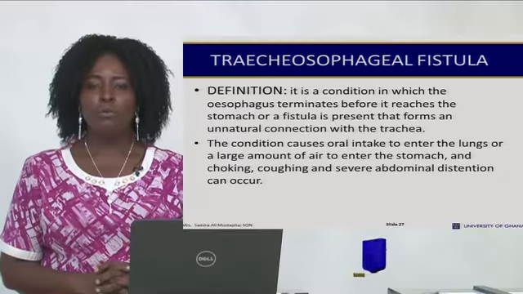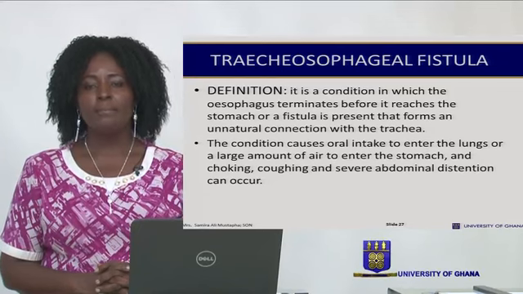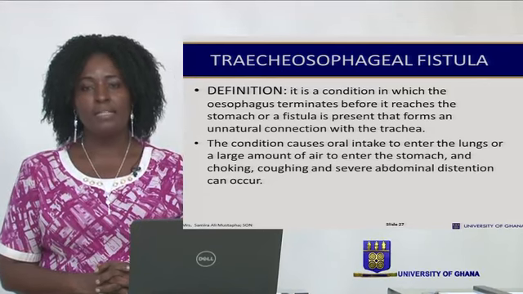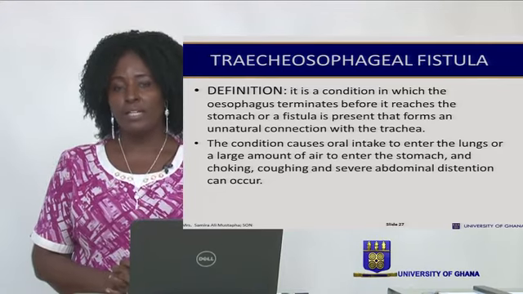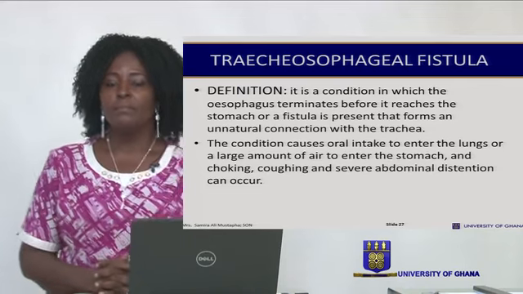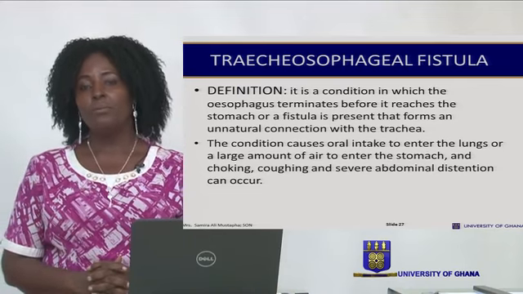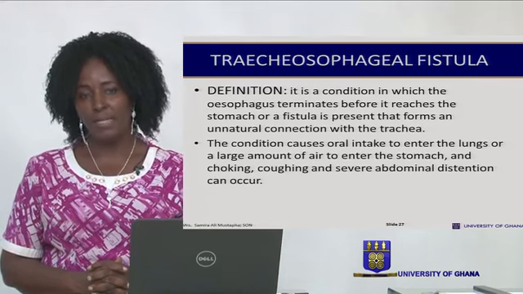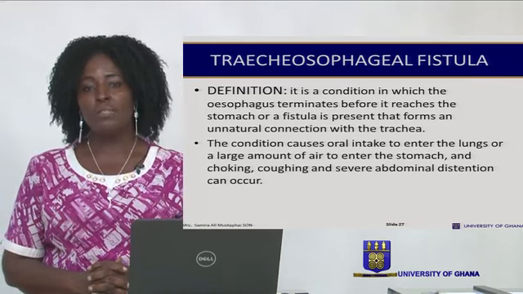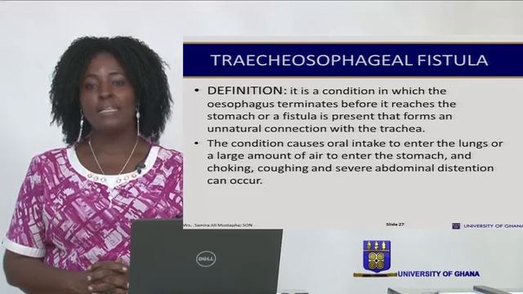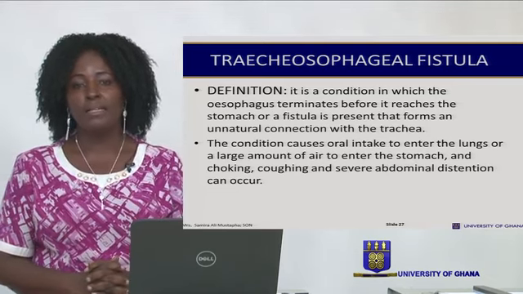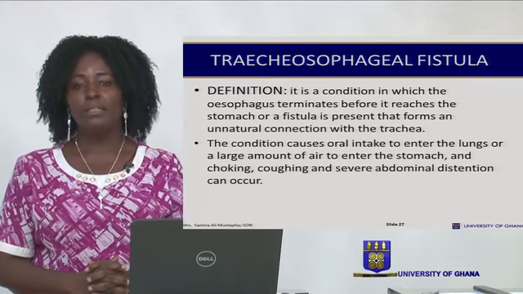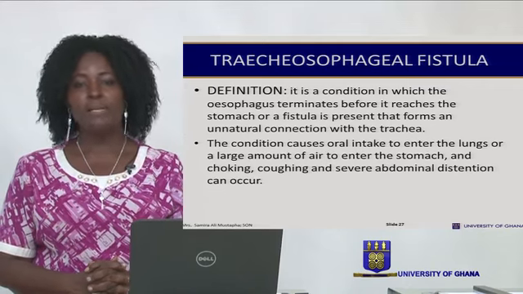We know that the esophagus is part of the GIT, and the trachea is the windpipe. So when there is an unnatural connection, whatever is going down the esophagus will enter the trachea, and this condition causes oral intake to enter the lungs, and large amounts of air enter the stomach, and choking, coughing, and abdominal distension may occur.